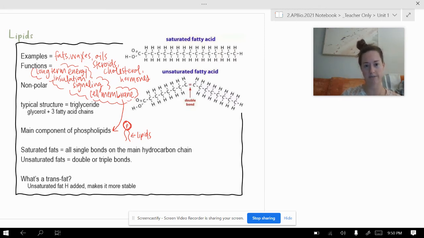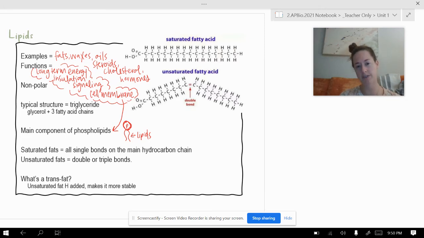For unsaturated fats, they have double bonds or sometimes even triple bonds. The more double bonds they have, the more liquidy they're going to be at room temperature. So things like oils have more double bonds, which just means that the fatty acid chains can't stack as closely together. And that creates a more liquid consistency at room temperature.